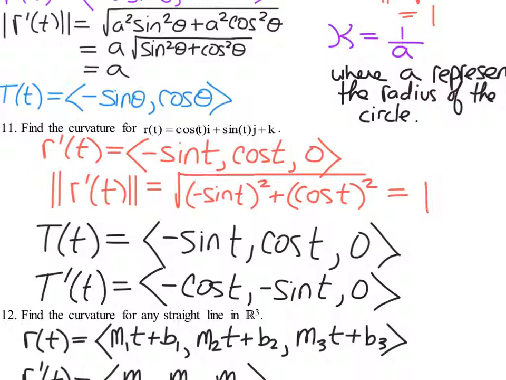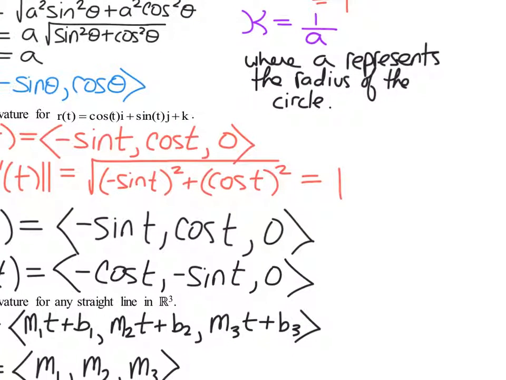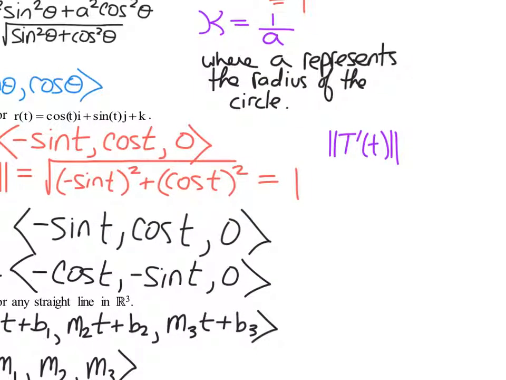But you can see it's made up of essentially the same ingredients as the magnitude of your derivative vector. So when I go looking for the magnitude of T prime of t, I can expect the same outcome. All I'm going to be doing, without showing all the work, is squaring a cosine, squaring a sine.